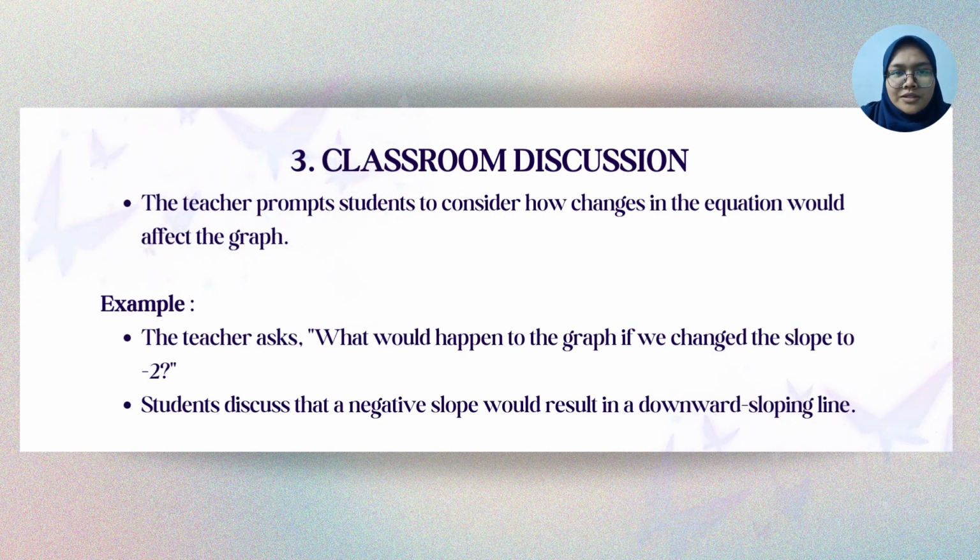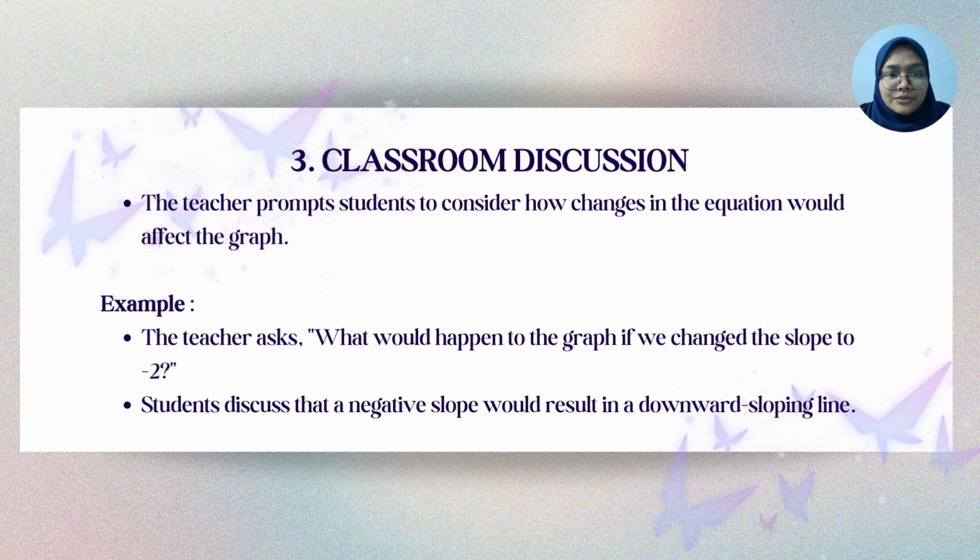Now we will go into the classroom discussion. The teacher prompts students to consider how changes in the equation would affect the graph. For example, the teacher asks, what will happen to the graph if we change the slope to negative 2?